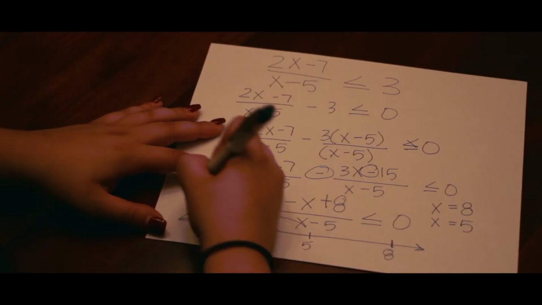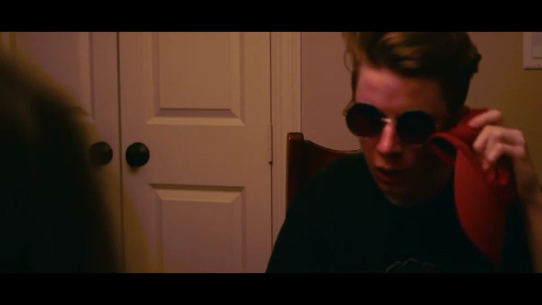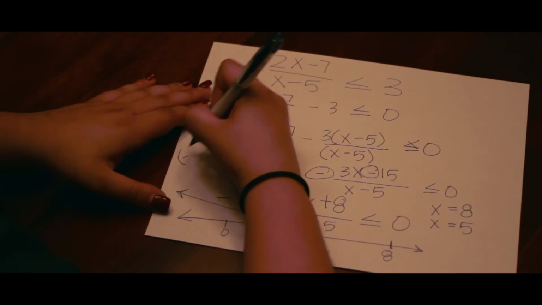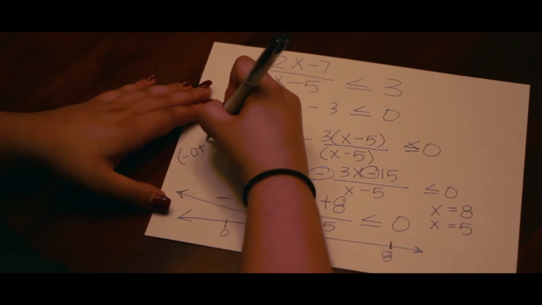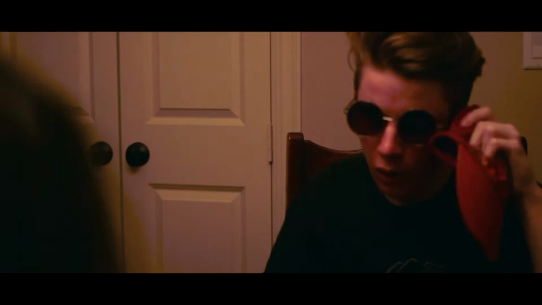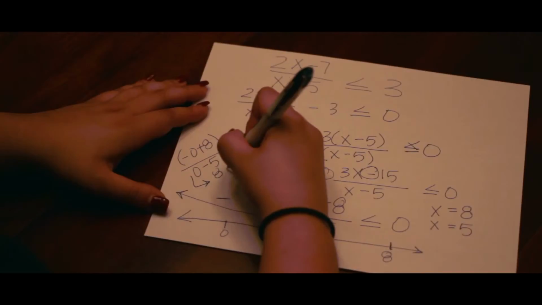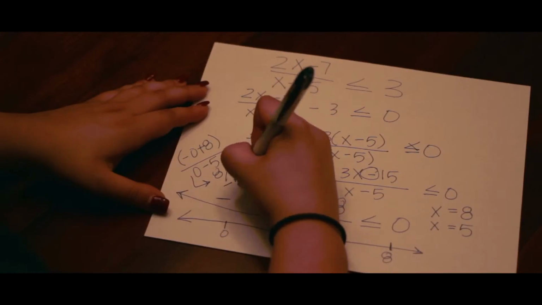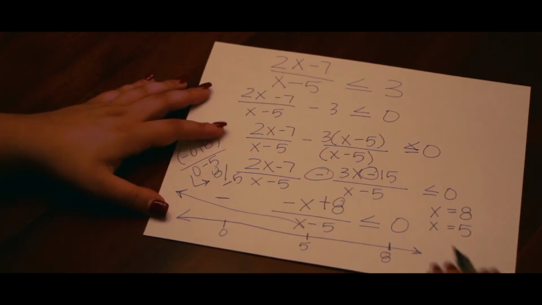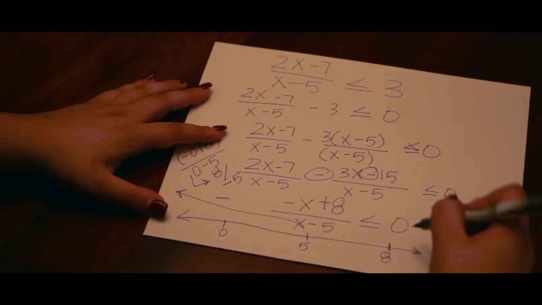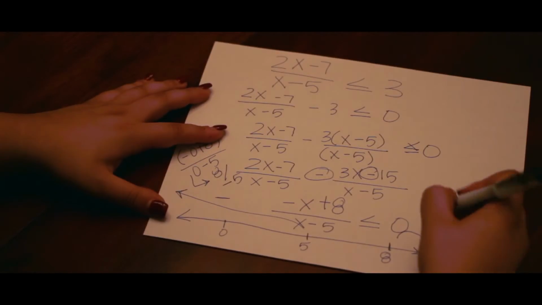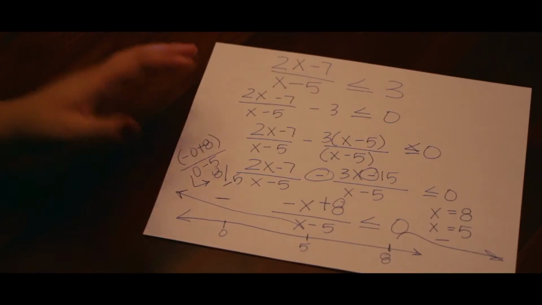So from 5 to negative infinity. So with the little bit of room I have, negative 0 plus 8 over 0 minus 5. That's 8 over negative 5. That's a negative. So I know that's negative. I know that from 8 to here has to be negative as well because it's following the same pattern.